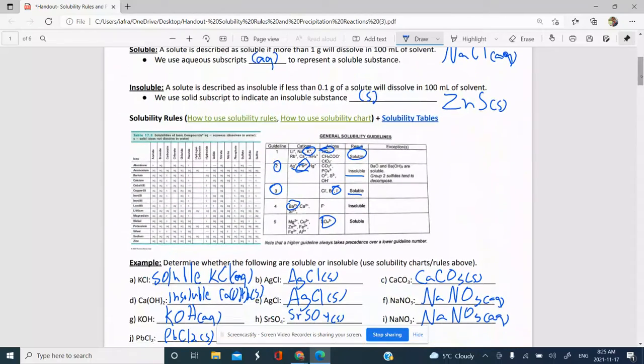So we had NaBr. Let's erase this so we can see what's going on. So Na and Br. NaBr is going to be soluble because Na wins, so we know that. And the other one we had to check was calcium chloride.